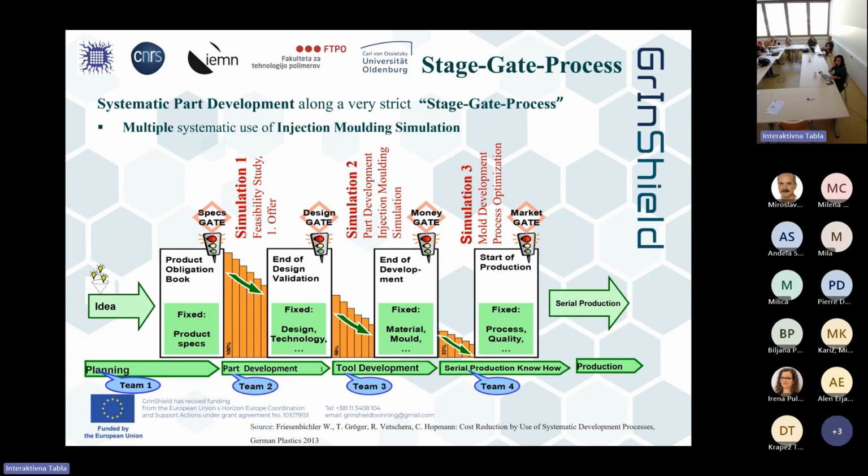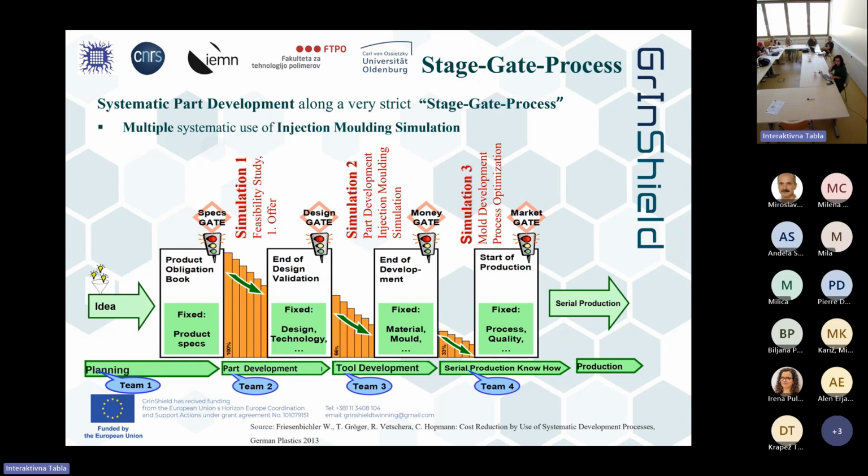But not only the design is important, but also how to produce it, the technology, and first two or three possible materials. And in that phase, we make a so-called design freeze. We say the design is fixed and the material category is fixed.